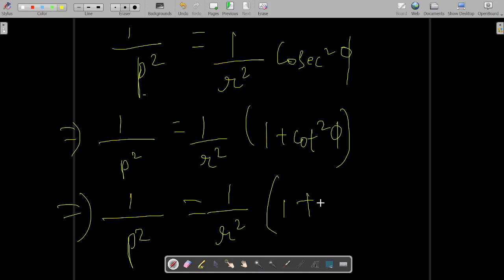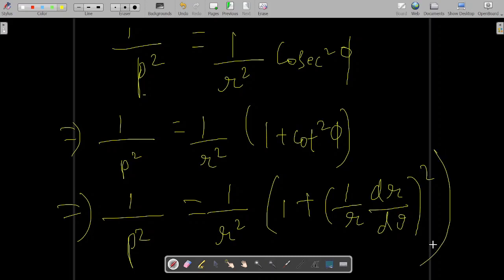So 1 by r dr by d theta whole square. Okay, this is the thing which you get. How did you get this? You have tan phi value, so you took the reciprocal.